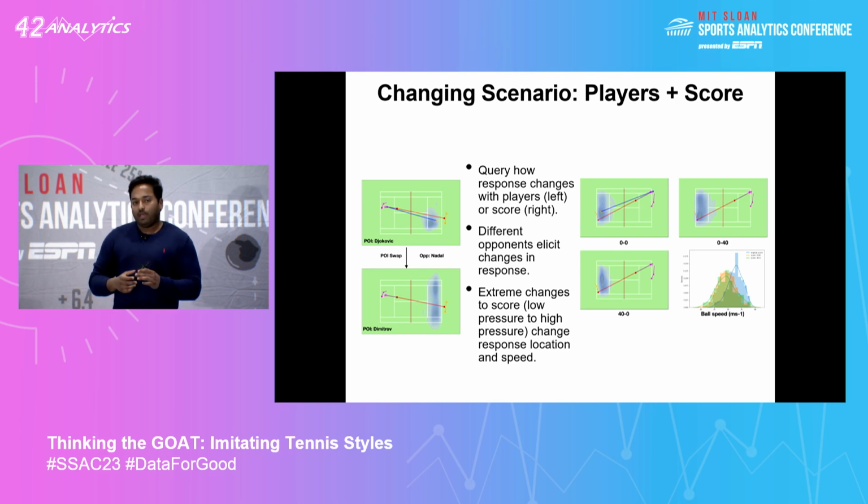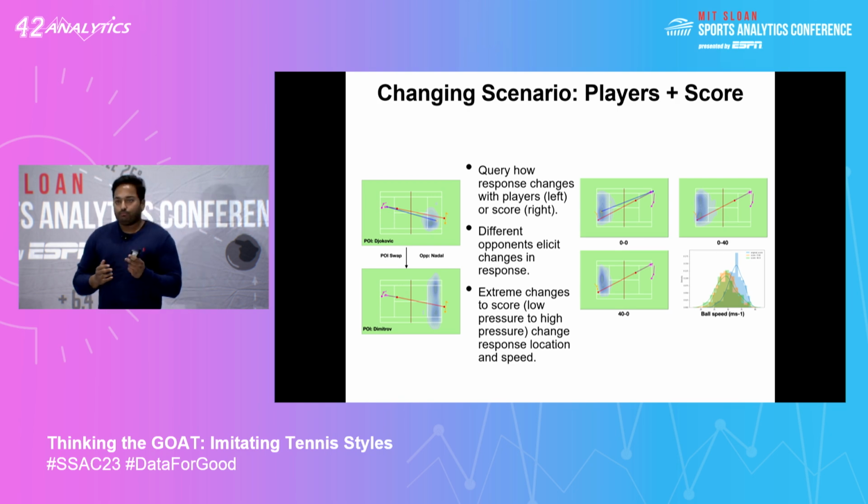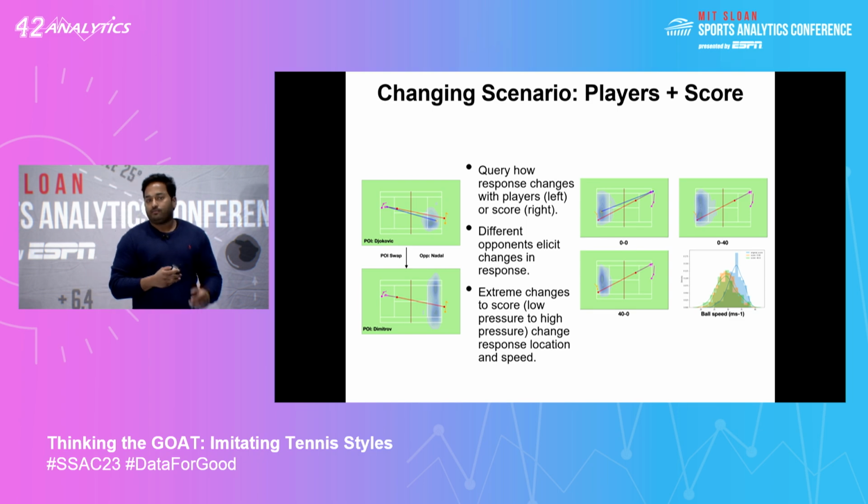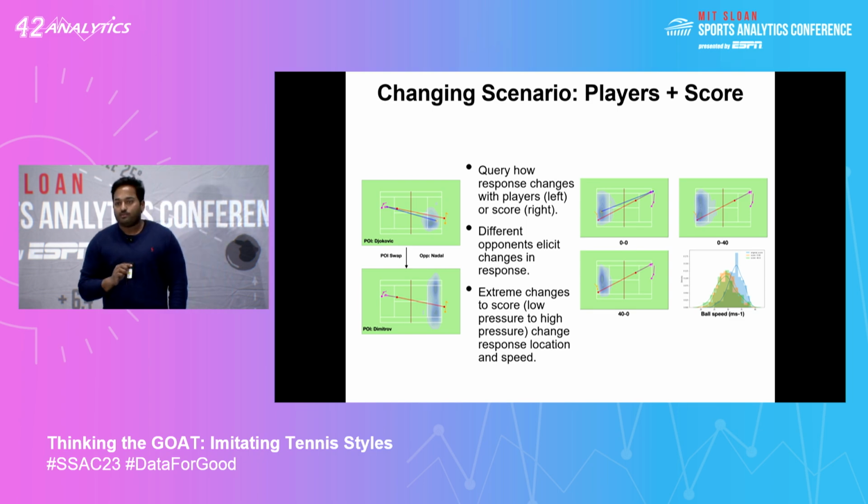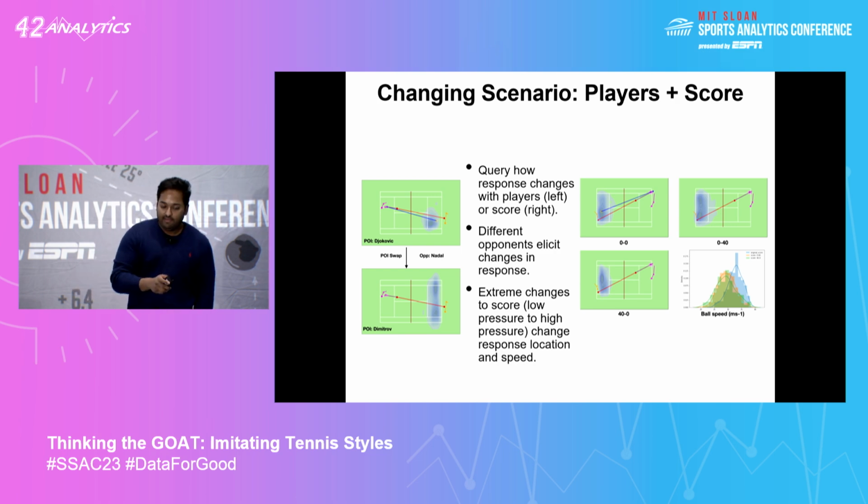But the real power of our framework comes from what we can do to further understand and analyze players. Representing players as embeddings, we can hold, for example, an opponent constant, change the player of interest, and see how the response changes, which is what I've done here on the left.